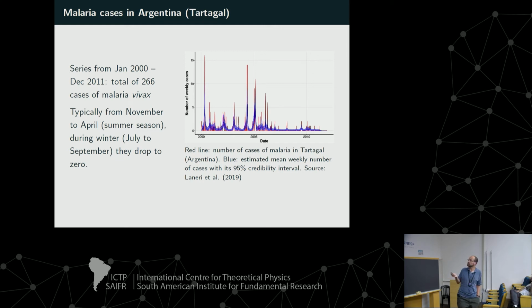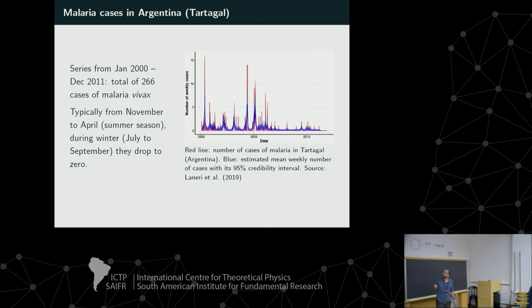What we do is a kind of state space model to estimate the number of cases, taking into account that there's noise in the measurements. We actually get this blue line, with a shadow for the error, the credibility interval.